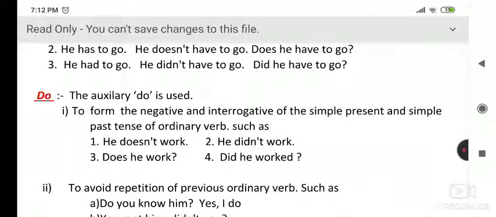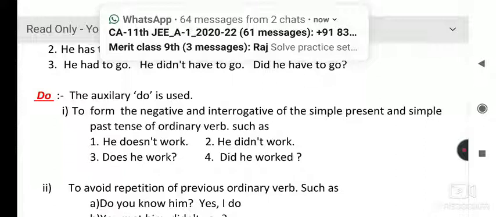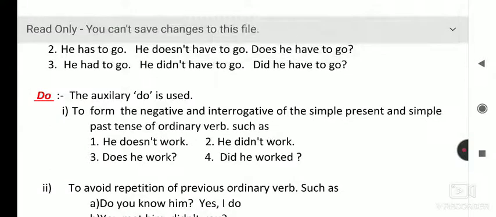Here we used the does form of the verb do. In the next sentence, he didn't work, while making the simple past tense we used did not.